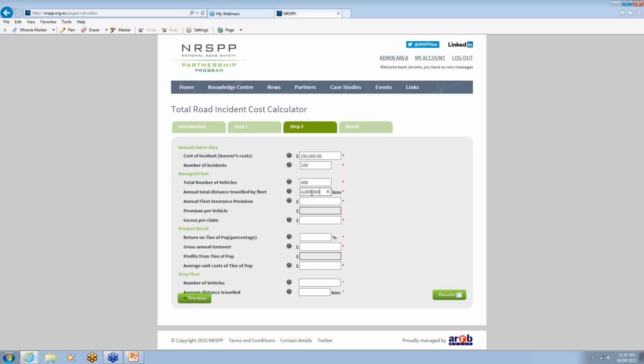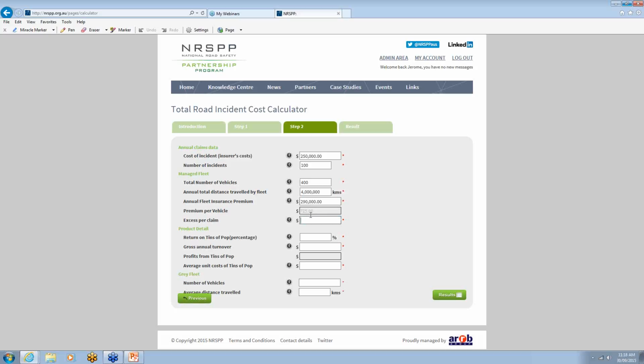Okay. And how much do you pay each year for your motor fleet insurance? Well, I'm getting slugged a bit harder these days, so we're sitting around 290,000. I wouldn't say that's slugging, based on the amount that you're costing us in 250,000. We're probably making less profit than you are from your tins of pop.